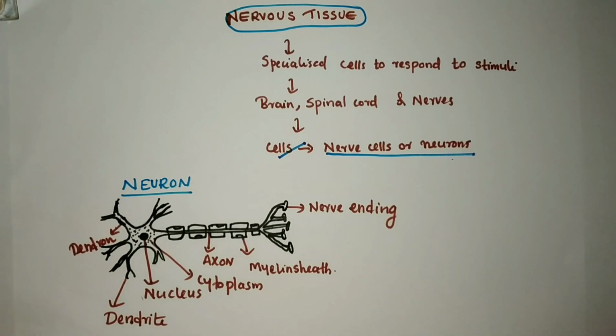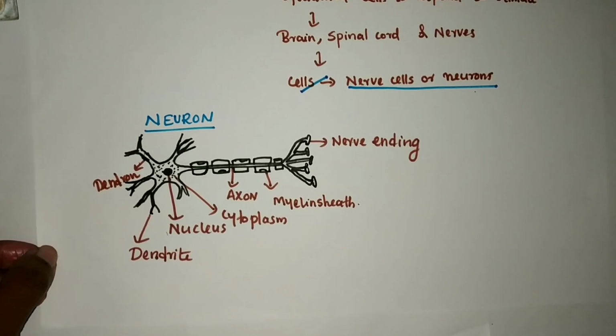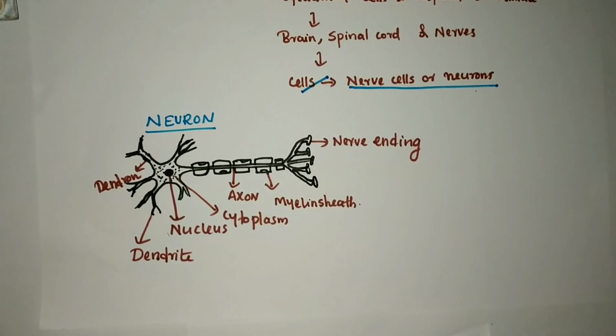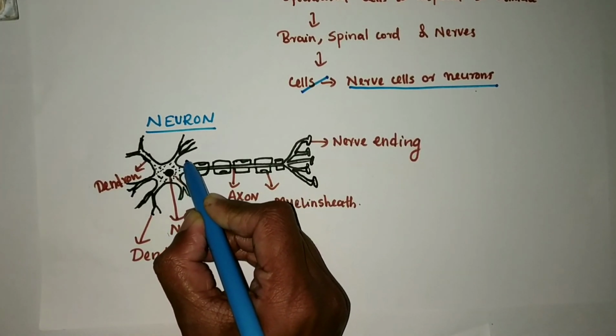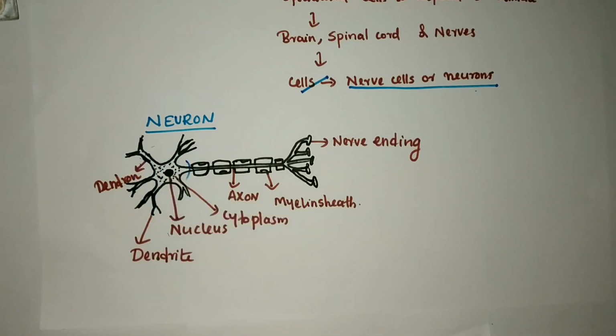Here you can see the structure of a neuron. A neuron consists of a cell body, this entire portion till here, which we call the cell body.